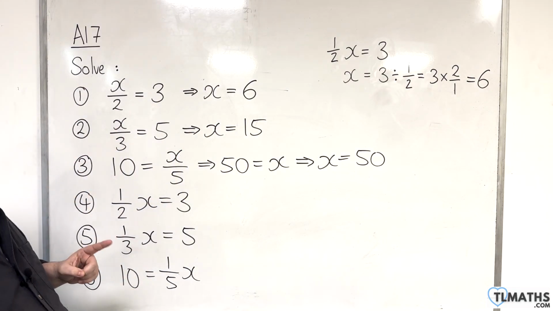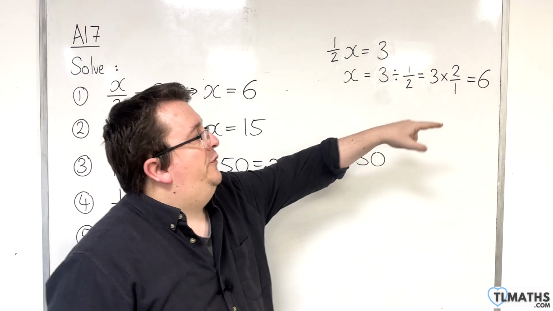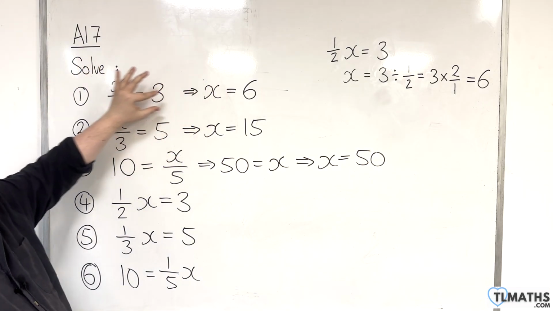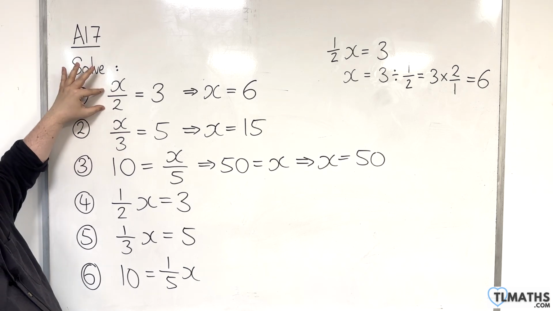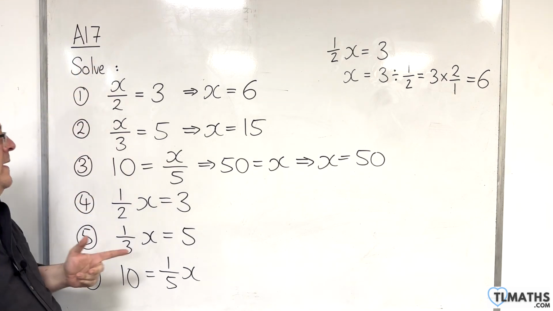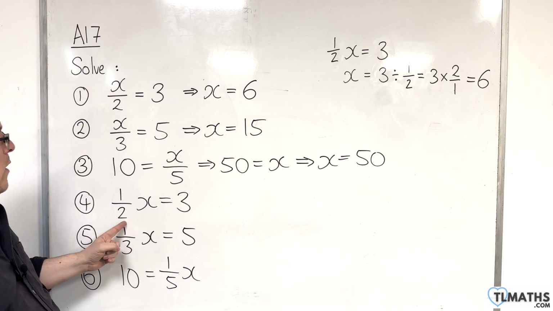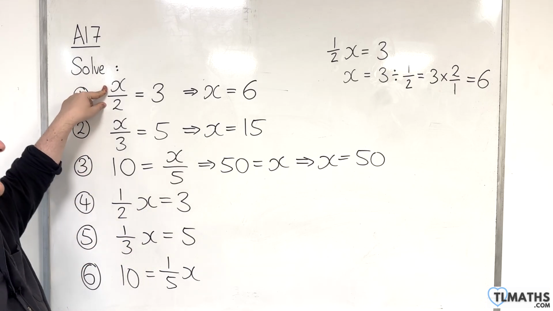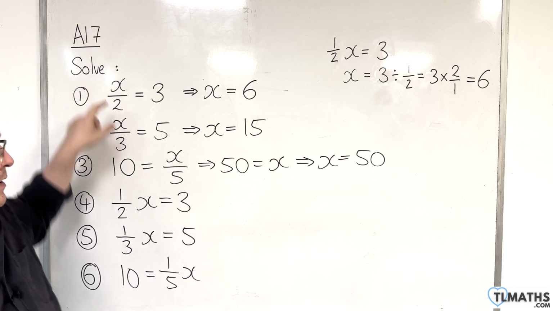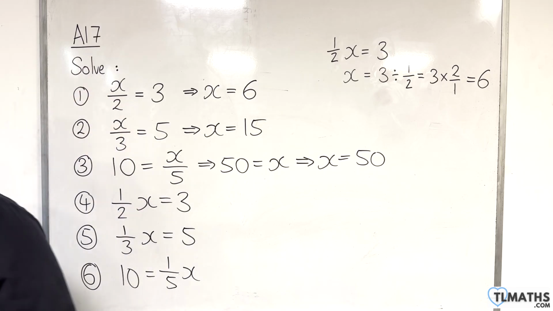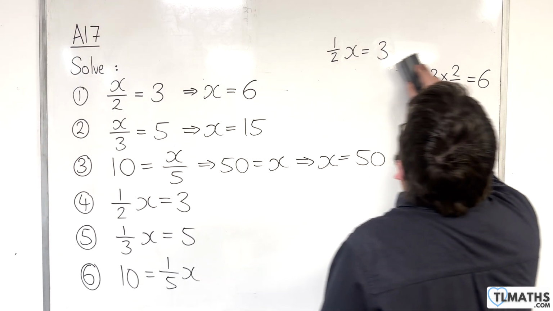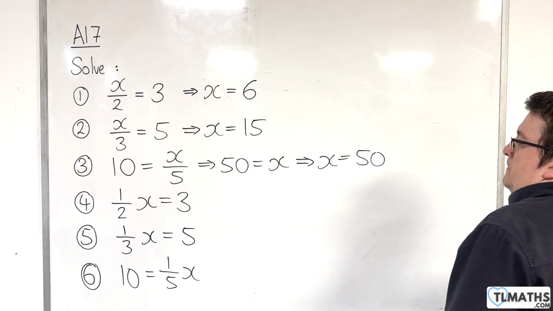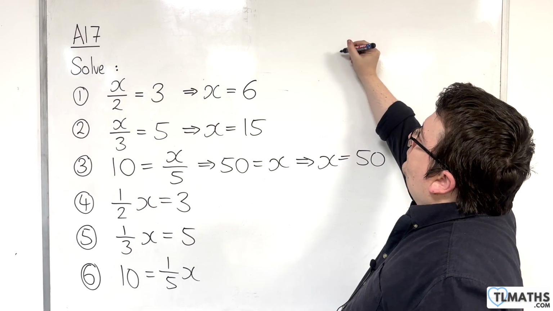So if 1/2 x equals 3 and the solution is 6, well, that looks very similar to this line here. So in actual fact, writing 1/2 x is precisely the same as writing x over 2. Now the reason for that, you might be going, well, why would that be the case? There are two notations here that are equivalent.